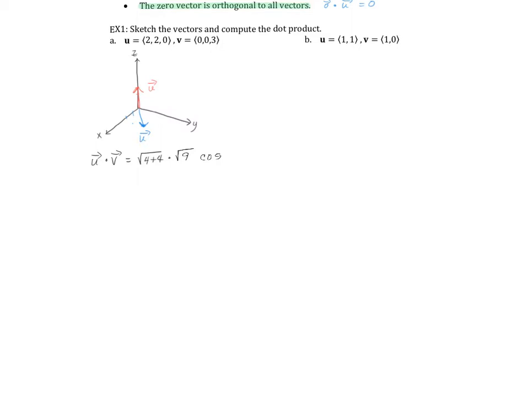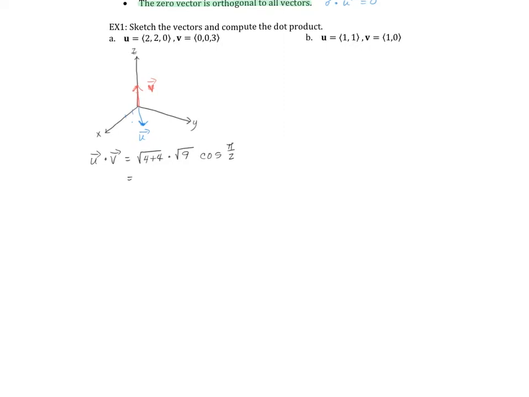In two-dimensional space, u is halfway between x and y. Oh, or v, sorry. Did I write u here? This should be v. And then v is going up in the z direction. So the angle between them is actually pi over 2, which means their dot product is 0.